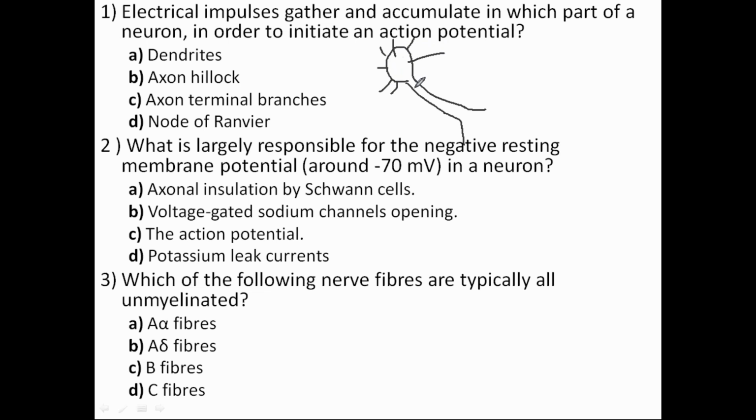This is your cell body. Here the axon hillock is present. These are the axon terminal branches, and your nodes of Ranvier are present here. These are your nodes of Ranvier. So now tell me, looking at this figure, where do you think these electrical impulses should accumulate?